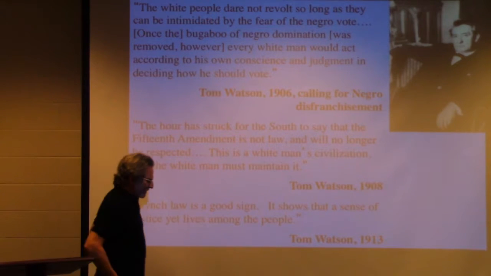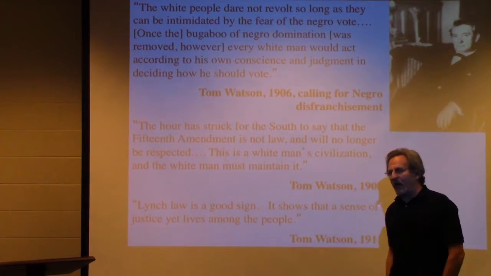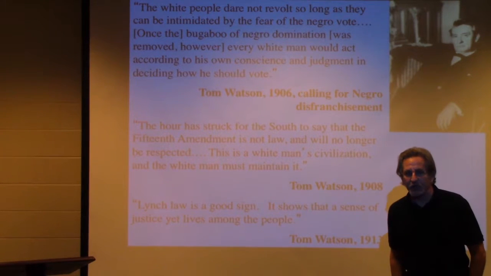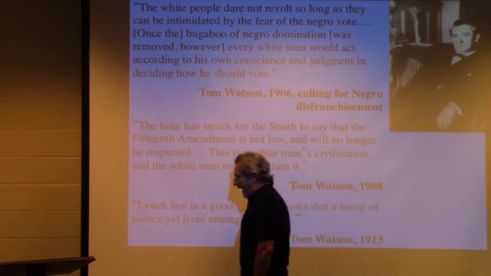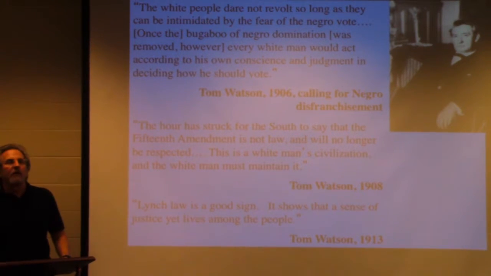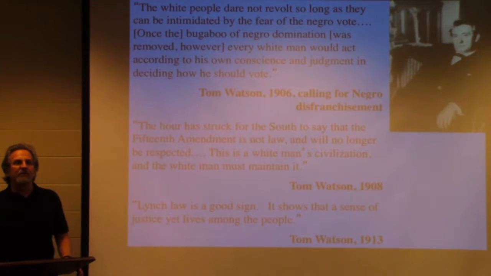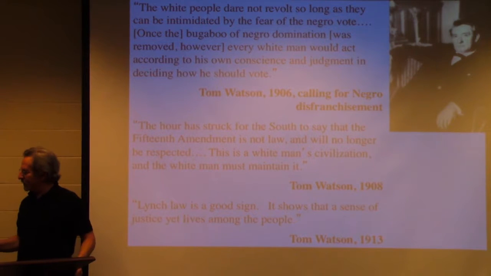How do you do that? Well, you do that in part by looking at the actual condition of black people, and then passing laws which address the condition of those people.